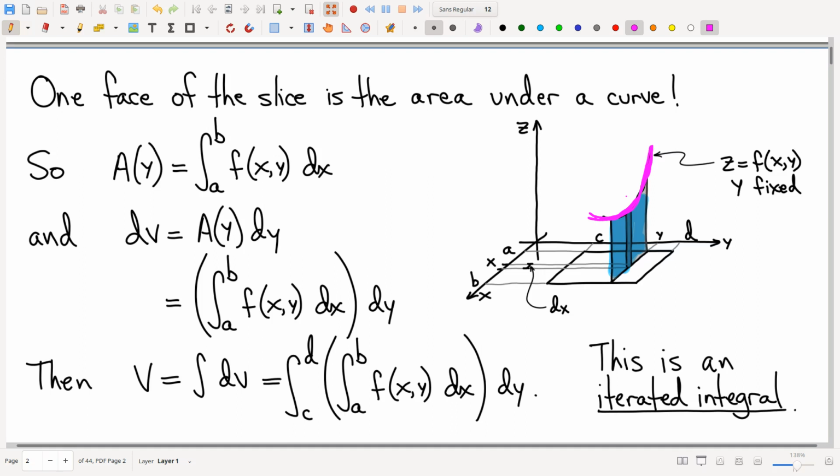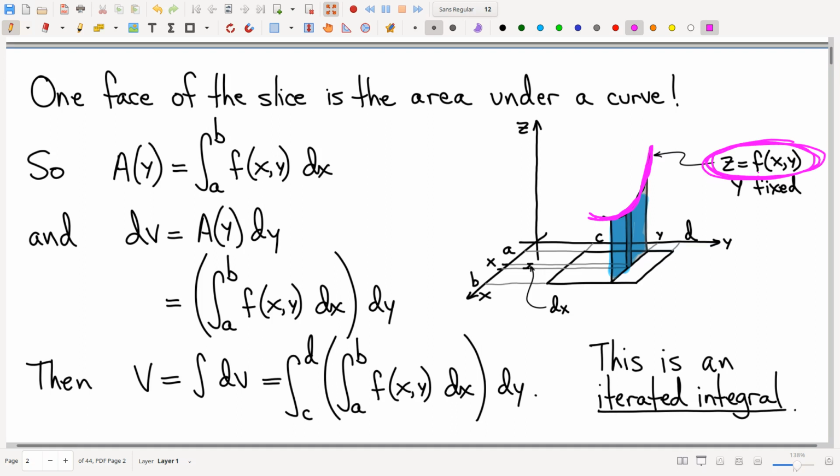I've warned you all about this before. If you want to compute area under a curve, you better make sure that curve is the graph of something. It's got to be height as a function of location. And is this curve equal to that? Well, here's the equation. After all, this is part of our original graph surface.